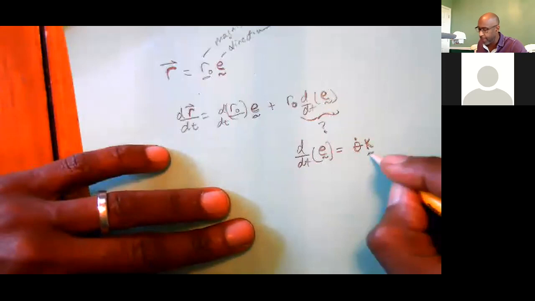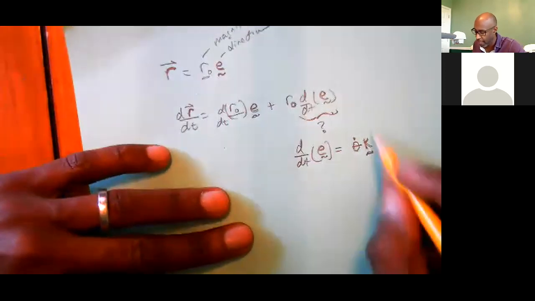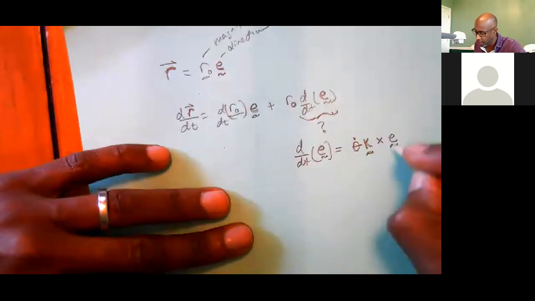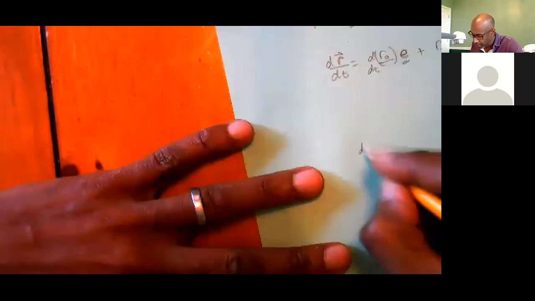But for these problems, it's a simple expression for angular velocity where it's just out of the page. So that's equal to theta dot k cross e. That's how you take the derivative of this little guy. So what you end up with then is dr.